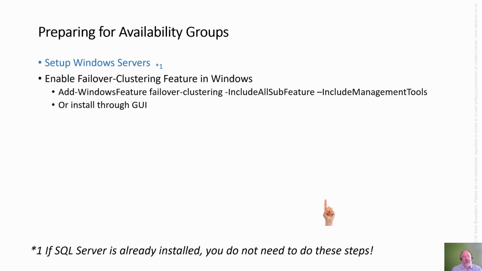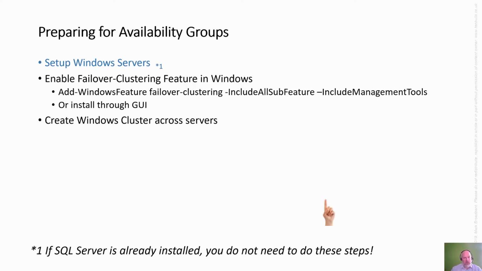And I like to include the management tools if you are using the GUI version of Windows, because having the Failover Cluster Manager GUI is quite useful to me, certainly for troubleshooting. You could alternatively just configure that through the GUI, as I'm sure you've configured other features in the past through the GUI, and there are a few ways such as DISM and a couple of other ways to do that, but those are the 2 key ones.